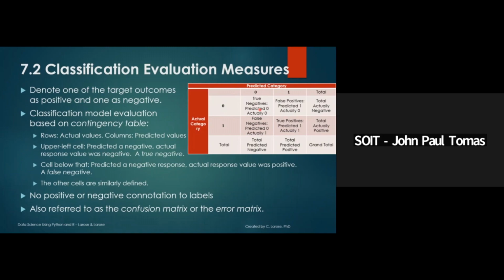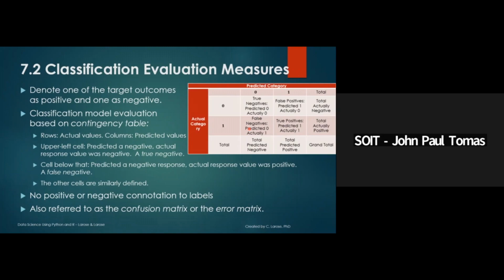Now, when you have an actual category of 1 and a predicted category of 0, all of those entries are false negatives: predicted 0, actually 1. On the other hand, if you have predicted 1 but it's actually 0, you call that false positives.